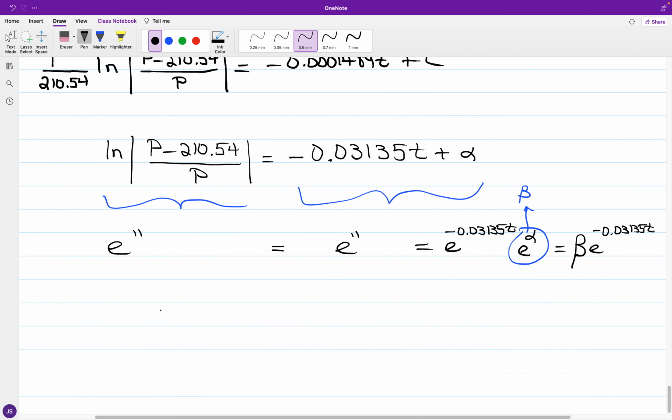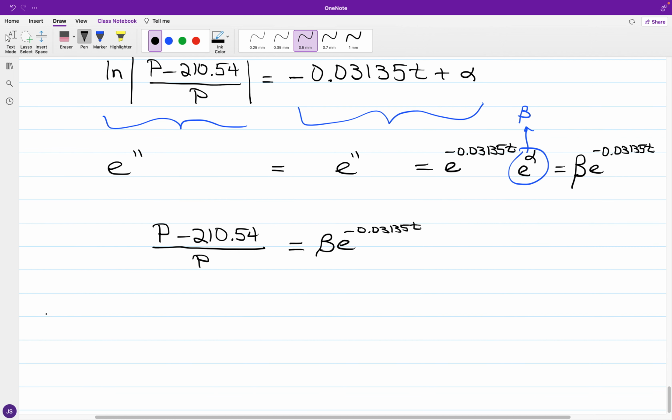Now that we have the natural logarithm out of the way, and disregarding the pluses and minuses because that's absorbed into the constant, going back to 1790, the population was 3.9 million.